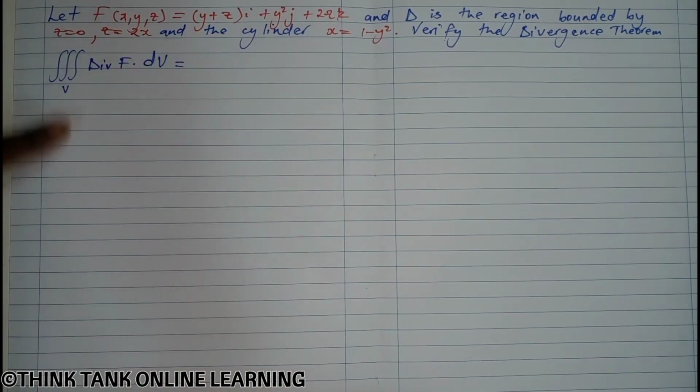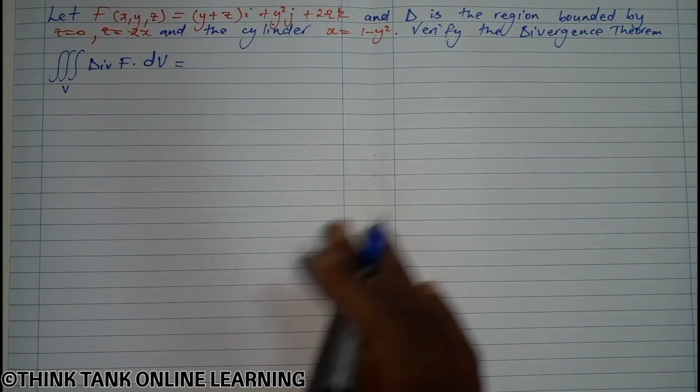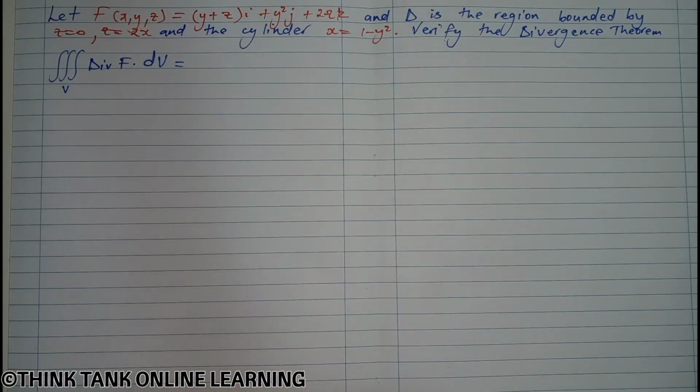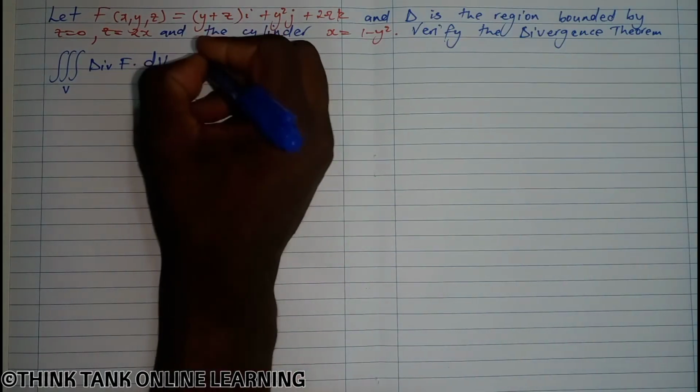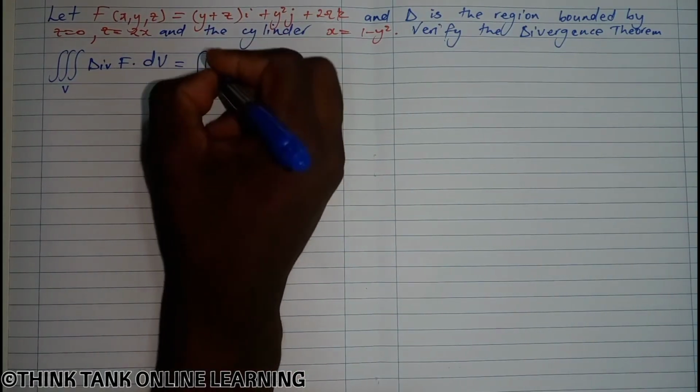If we evaluate this triple integral, we find the total outward flux of the whole solid. Otherwise, we do the surface integrals: we calculate the flux out of each surface and then add them together.